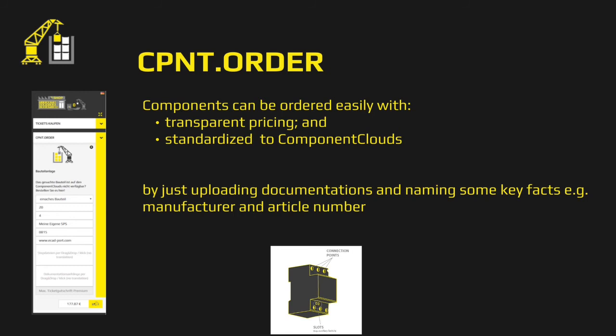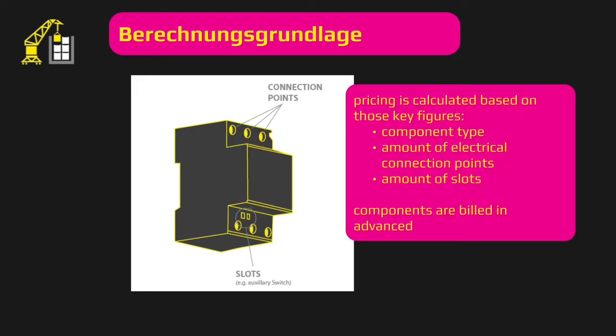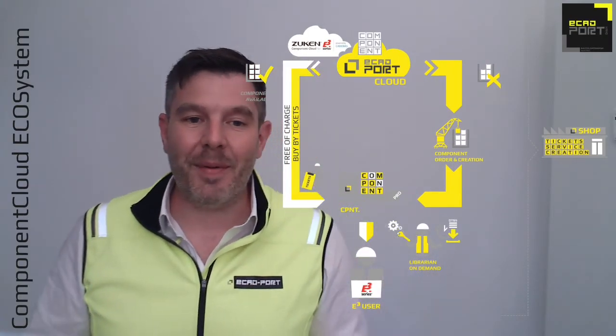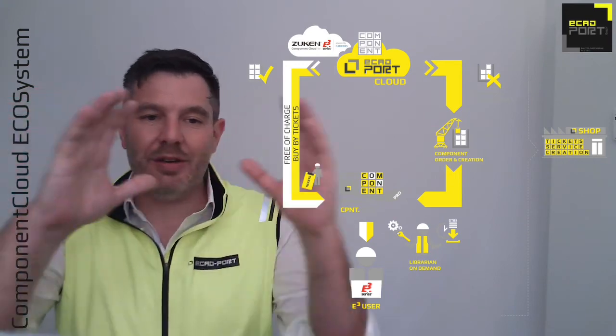So once a component is created, it will be uploaded to the ComponentCloud, and the customer who ordered it can download it via the typical process. Here we have once again the calculation basics, and once again I'm back at our ecosystem.